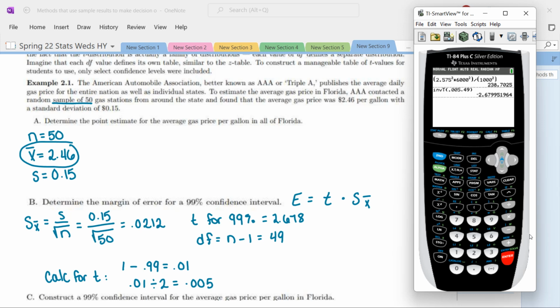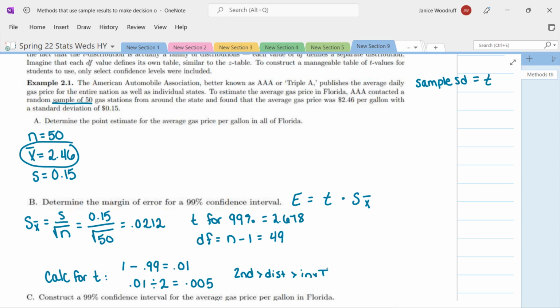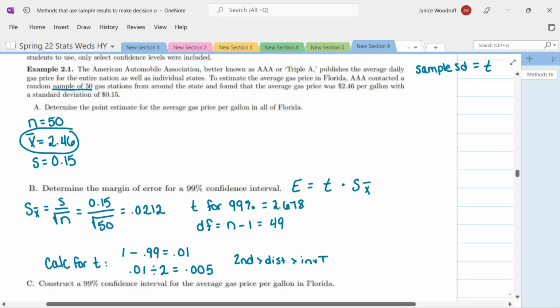So it'll give you the negative value again, just like before with the z's. So negative 2.679, 2.68 if I rounded that. So whether you use 2.68 or 2.678, it's so close, it's not going to matter. I'll show you the difference when we do the whole thing in the calculator.